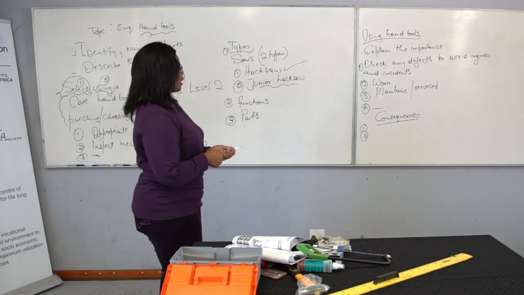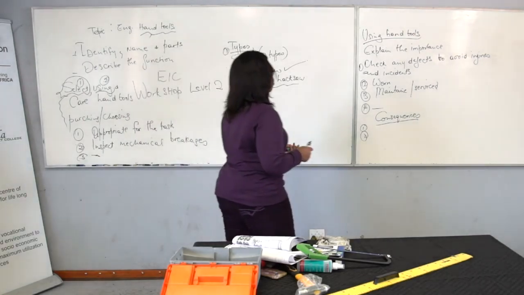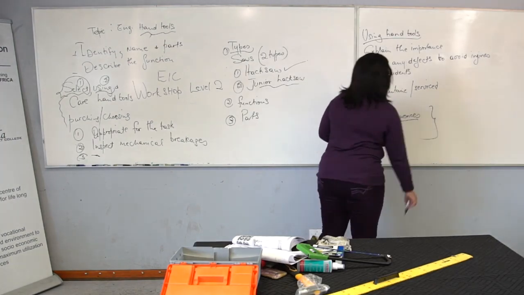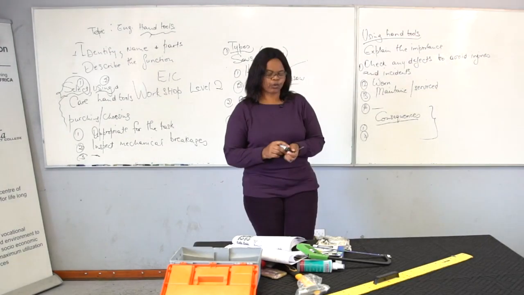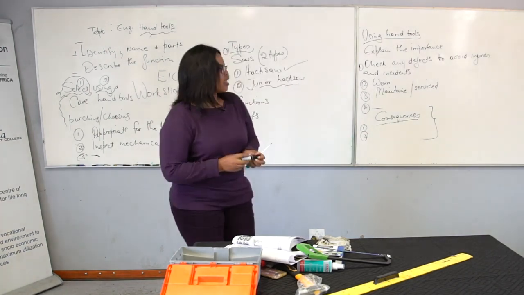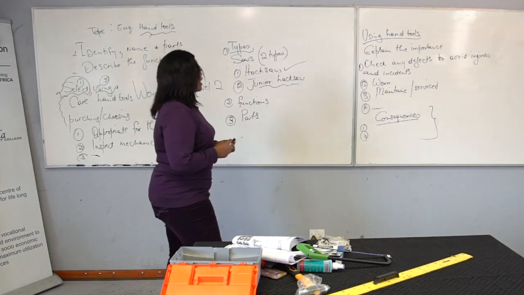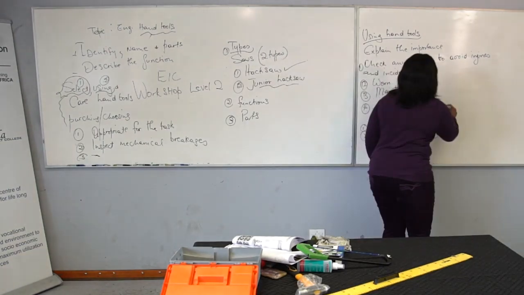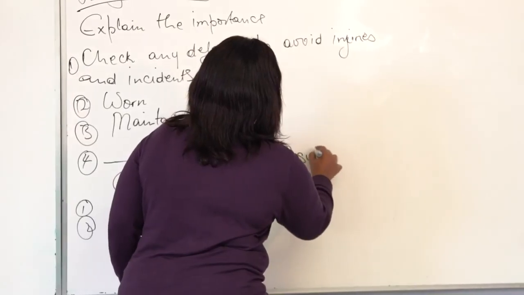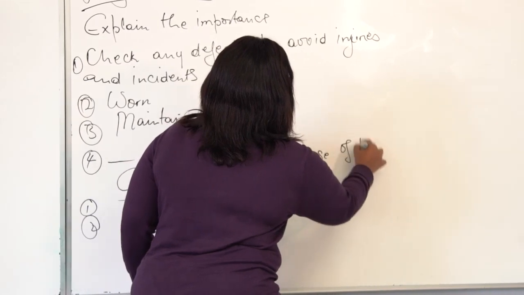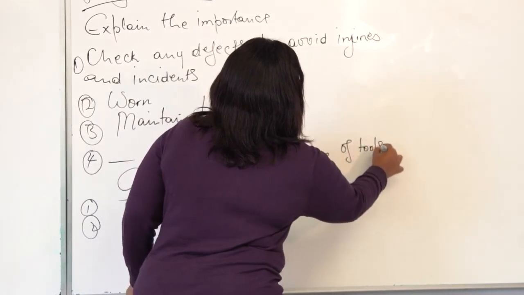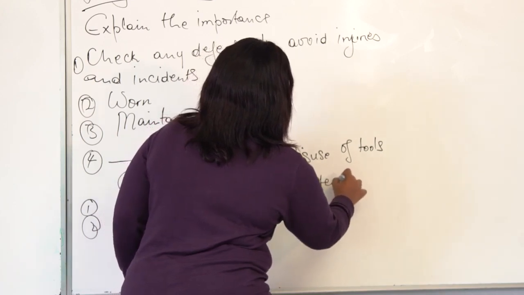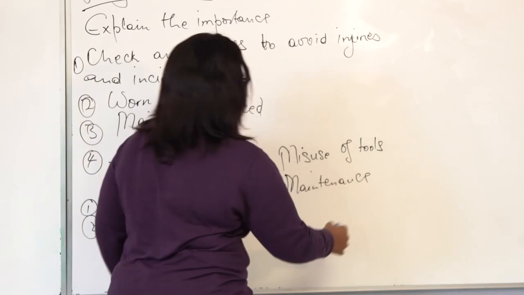Now, what are the injuries that you can expect when you use the tools the incorrect way? What are the injuries that you can get? The greatest injuries come from the misuse of tools, and the maintenance or servicing of the tools.